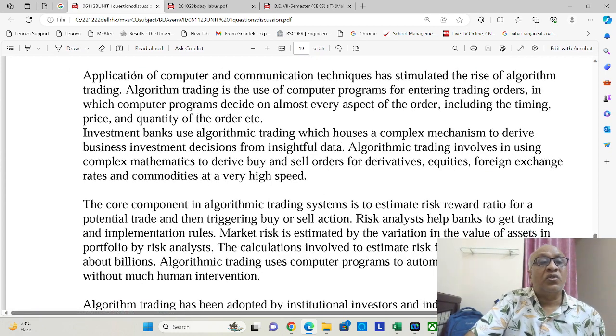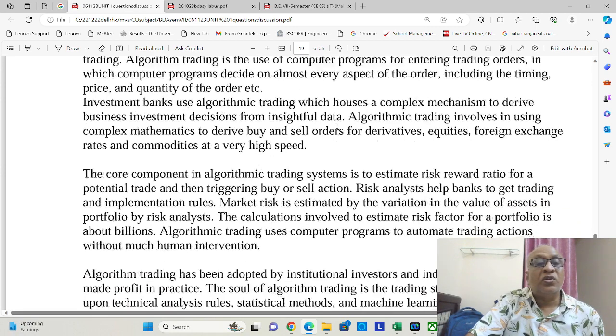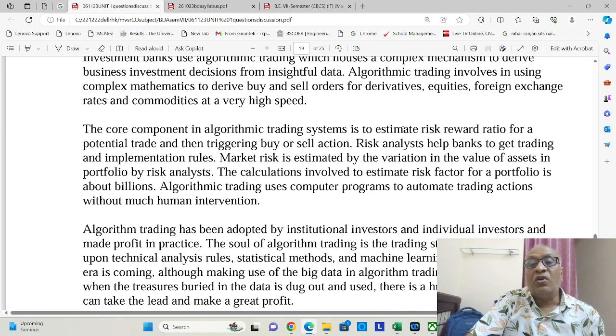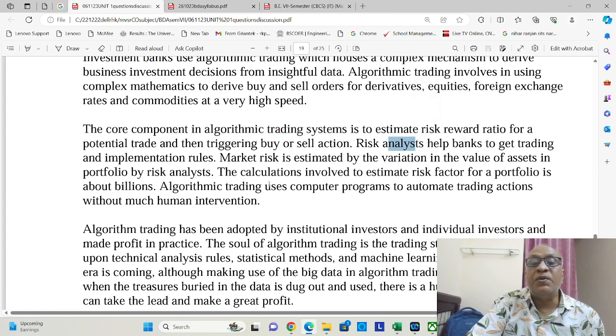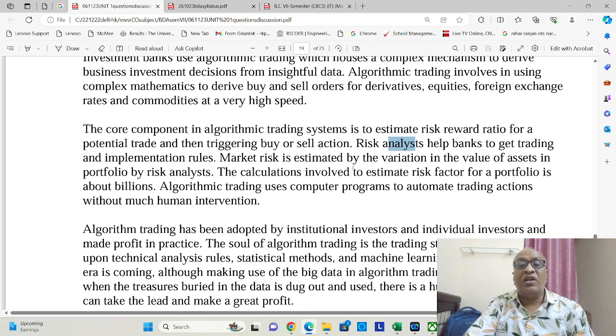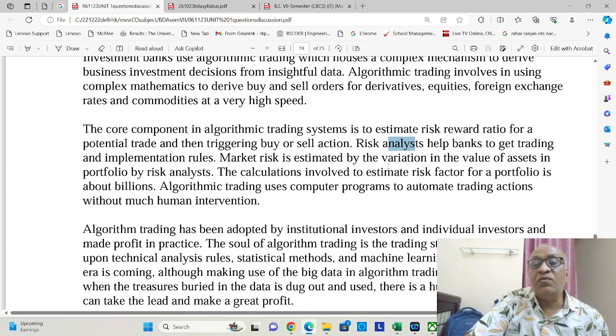So what algorithmic trading will be doing is estimating the risk reward ratio when they make a trade, when they buy some shares, or they want to take a sell or a buy decision. So the risk analyst will be helping the investment bankers or even traders to minimize their risks and save their portfolios.